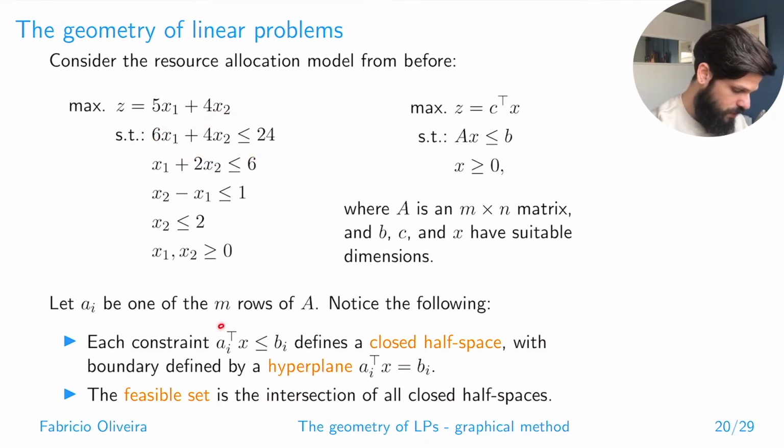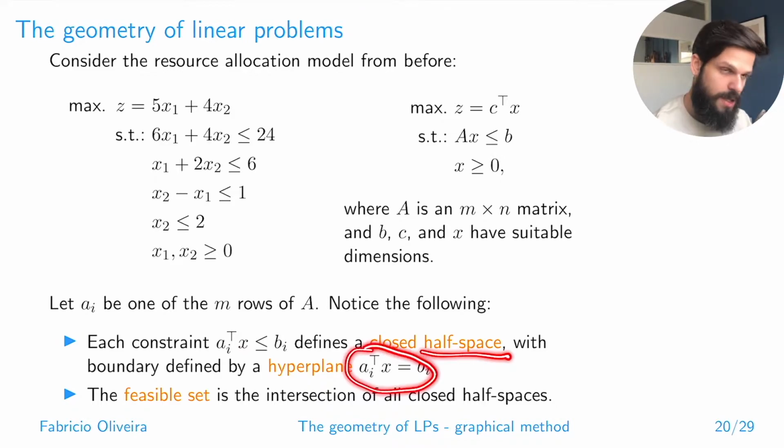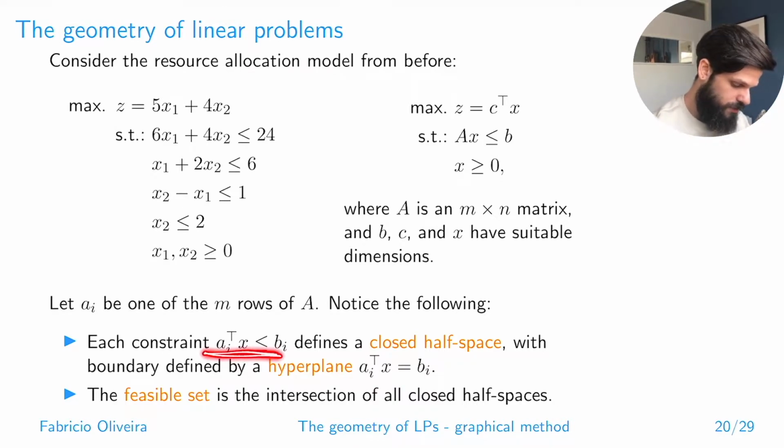So lowercase a_i represents one of the rows of that matrix, which has one constraint here. And as you might know, every inequality forms what is called a closed half space, which has its boundary defined by the hyperplane on the equality. So the boundary of this closed half space is given by that equation there.